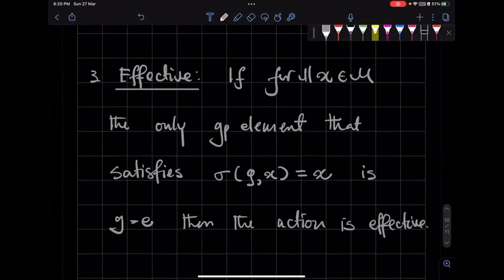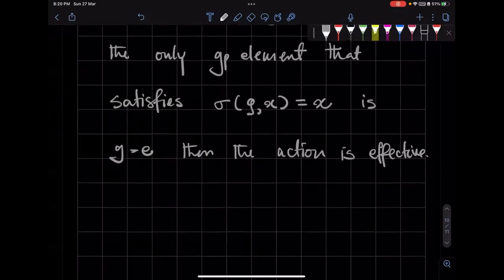Okay. So we have to take every element G from the group and apply it on all the X's.